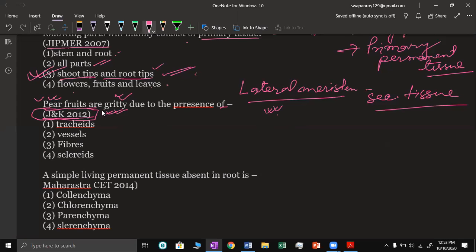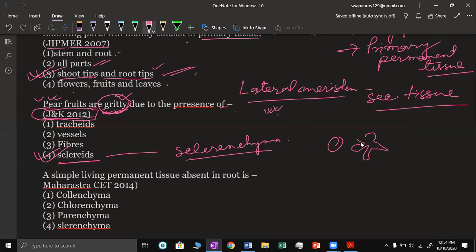This gritty condition is due to the presence of sclereids. Sclereids are sclerenchyma tissue, and among sclerenchyma there is fiber and sclereids. Sclereids are short, small, of various shapes and sizes.